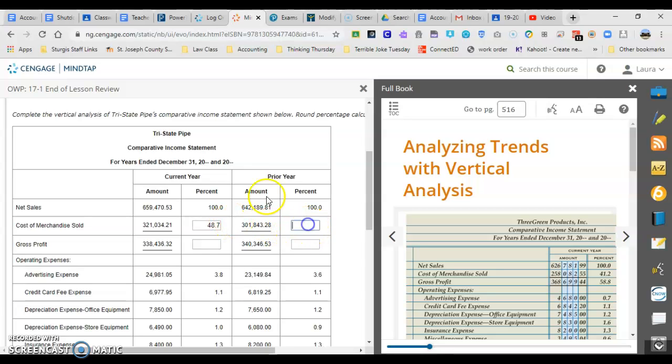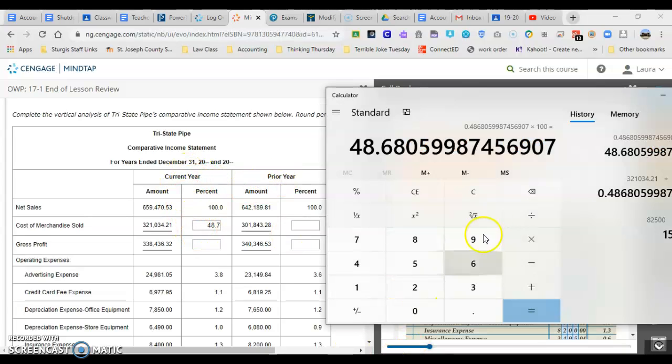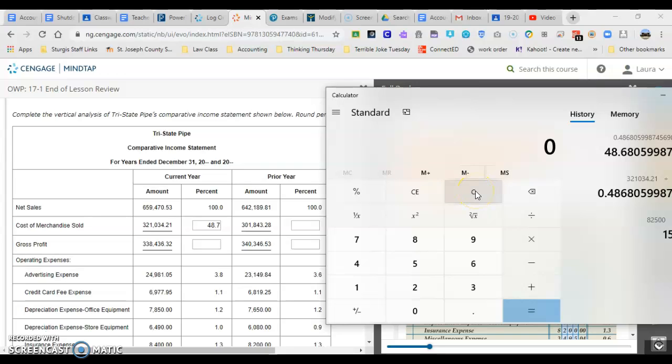Okay, the next year, the previous year, this is the current year, and you're going to compare it to the previous year.